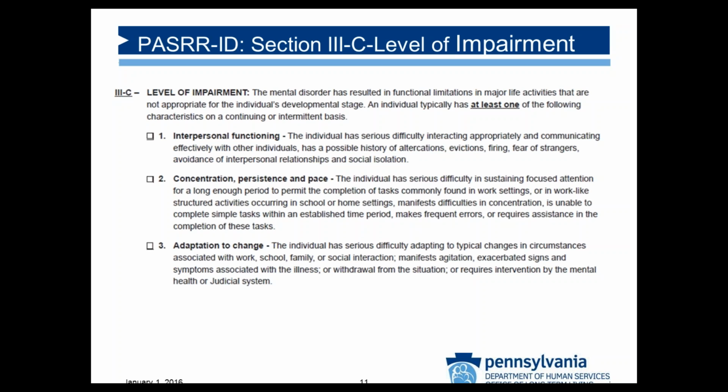This is an independent question and does not feed into whether or not they meet the criteria to have a level 2 assessment done on this form. The level 2 process is a little bit different. It gets more stringent, and it's less of a look-back period for the level of impairment. But on this level 1 form, we're just simply asking you the question and you check the box.